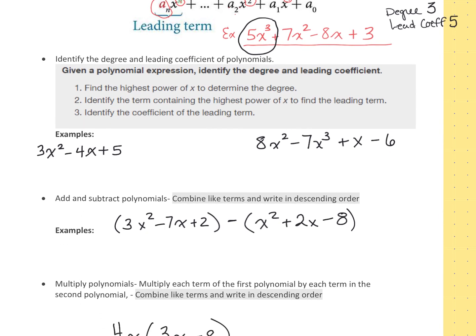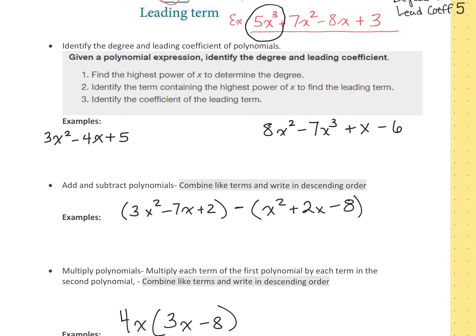So when we want to identify the degree and leading coefficient of polynomials, we have to first write it in descending order. Then we're going to identify that leading term, because that will be the one with the highest degree. And then we will look at the degree, which is the exponent, and the lead coefficient. So in this case, we have x squared, x to the first, and technically x to the 0, which we know to be 1.